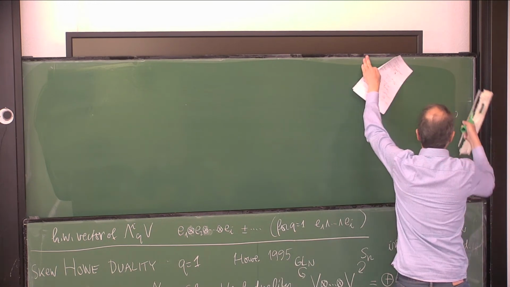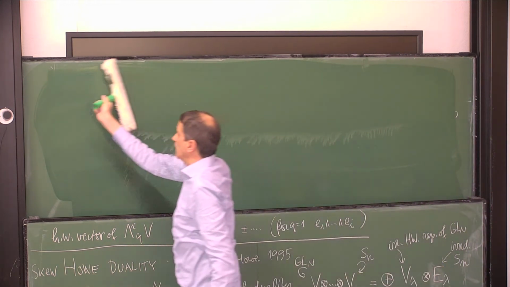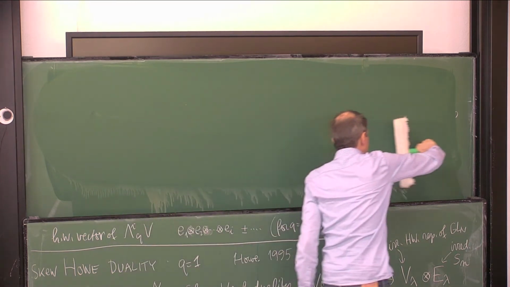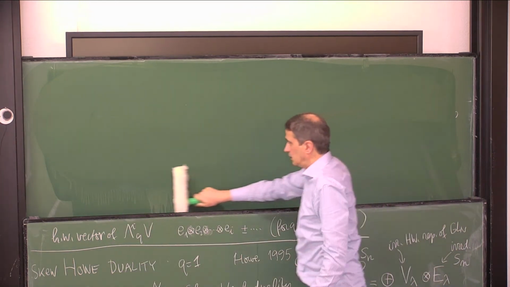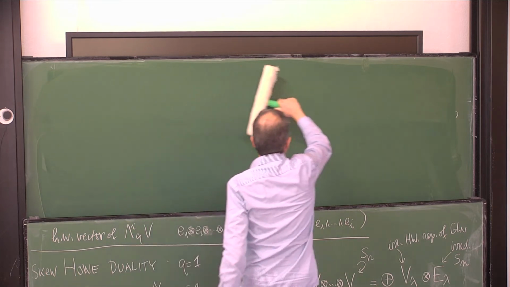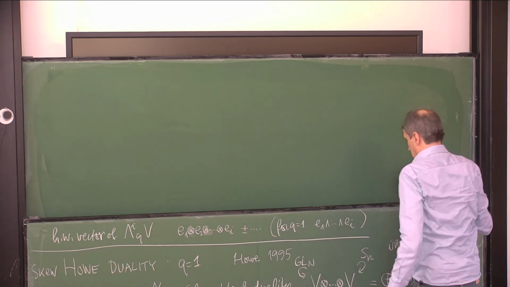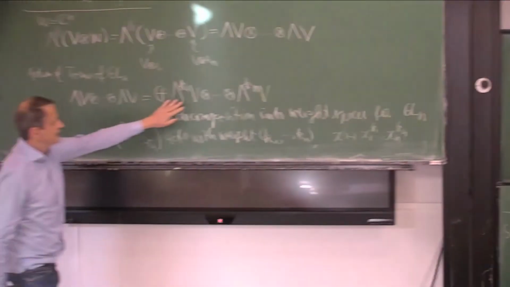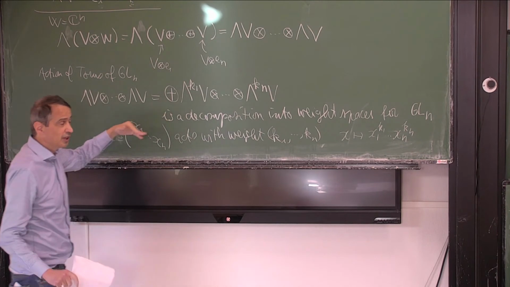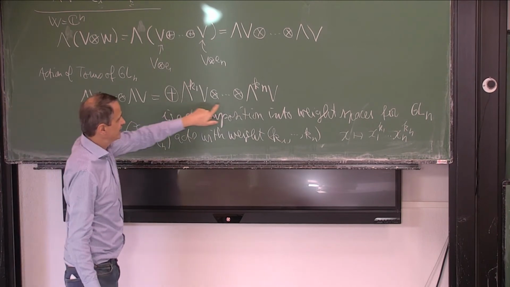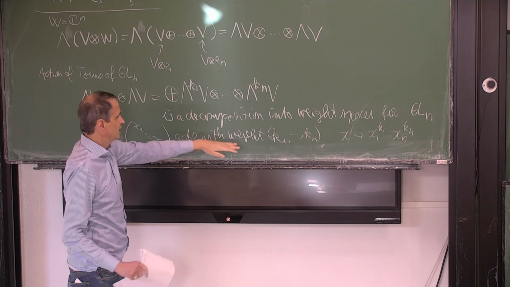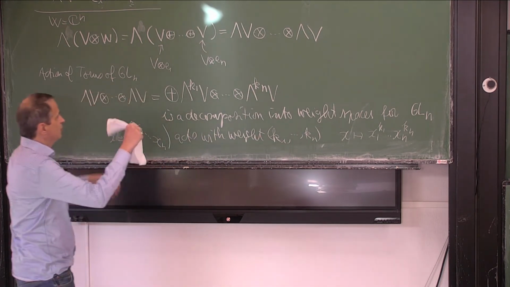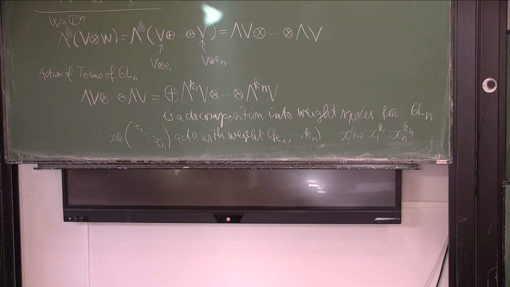Explain how to recover the Schur-Weyl duality from that story. Here you have to notice that the action of this dual GL_n mixes the thing. So it is not that GL_n acts here. GL_n will change the weight, and so it will mix all these factors.